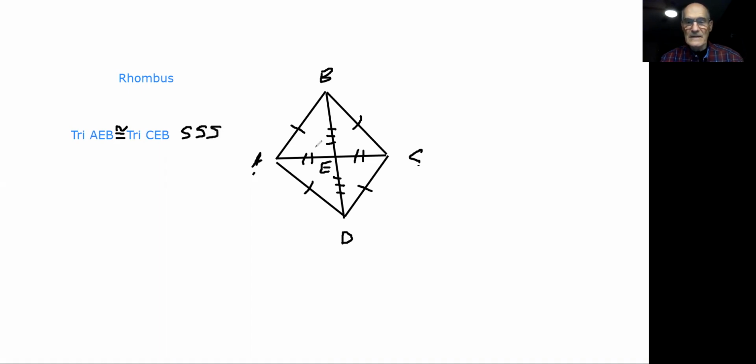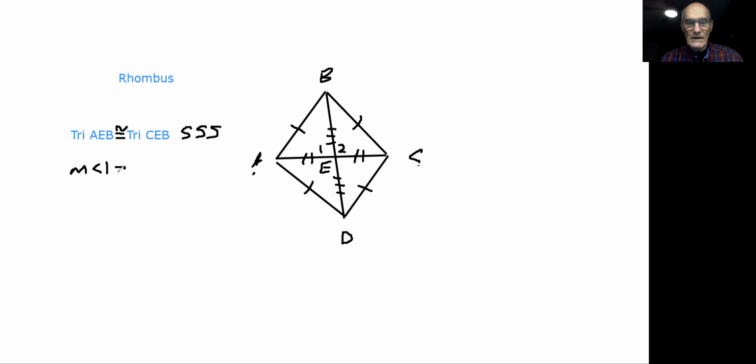Now, if I have angle 1 here and angle 2 here, since these two triangles are congruent, the measure of angle 1 equals the measure of angle 2.